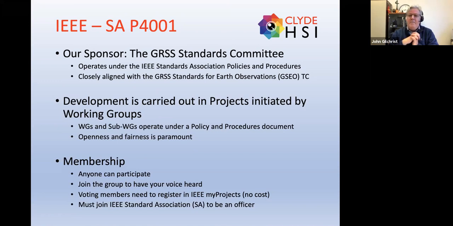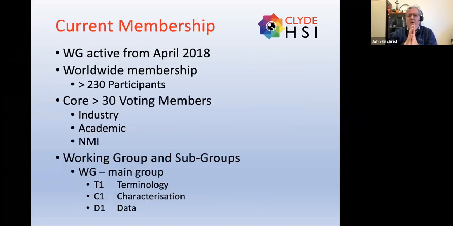And even though we have more or less 230 people in the working group, we only have a core of about 30 people who are the diehards, who are those people who are at every single meeting. And they are the ones that contribute to our subgroups.